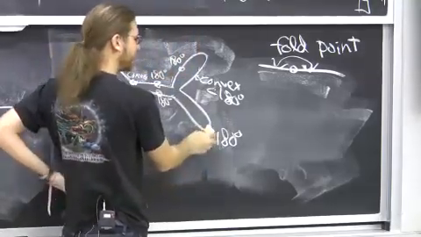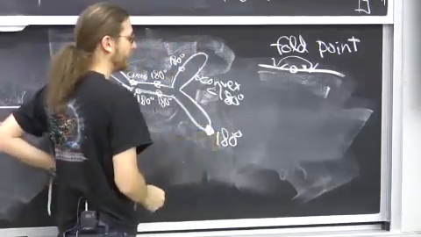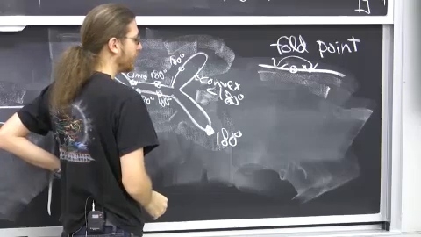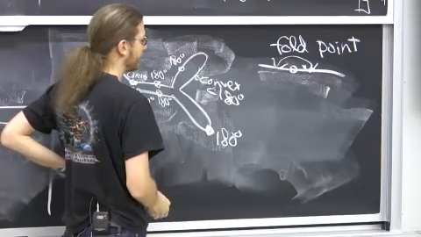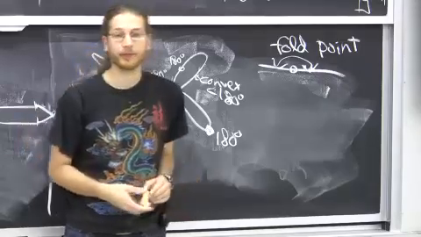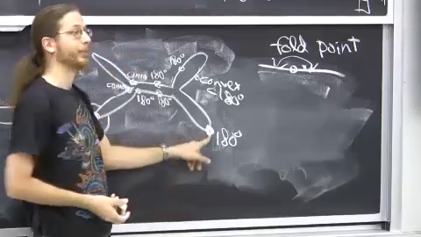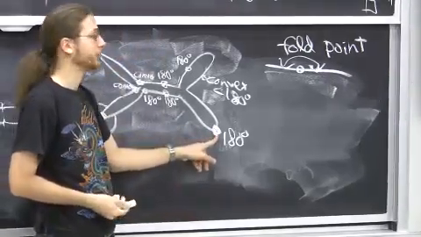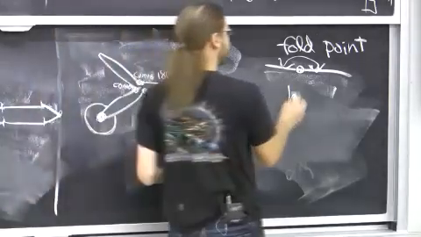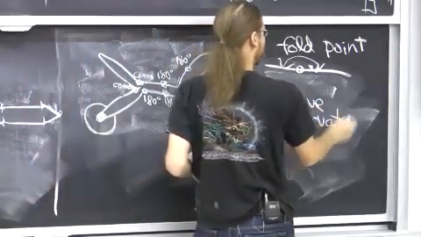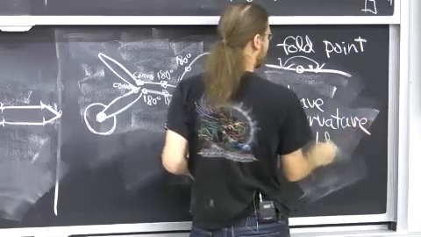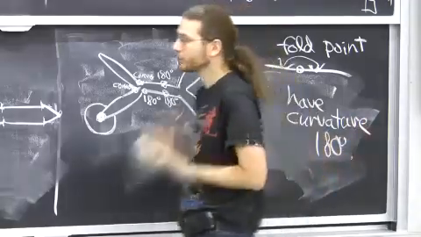So these fold points, the leaves that are at the middle of an edge, are a little restricted, because how much curvature is at that point? 180. So fold points have curvature 180. The total curvature is 720.